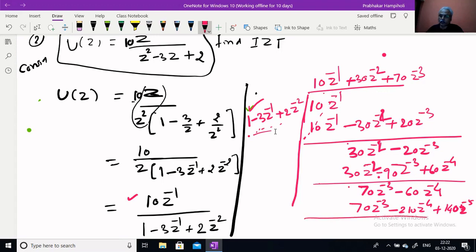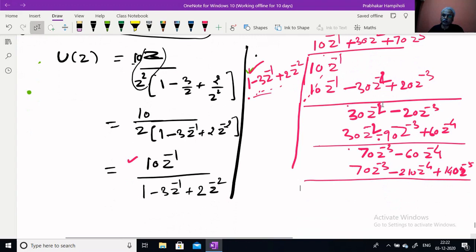Again when you subtract, what we are left with is the first terms getting cancelled. So 60 plus 210 becomes 150 times z raised to minus 4 minus 140 times z raised to minus 5.